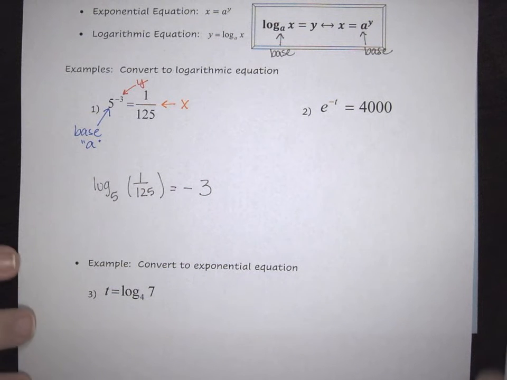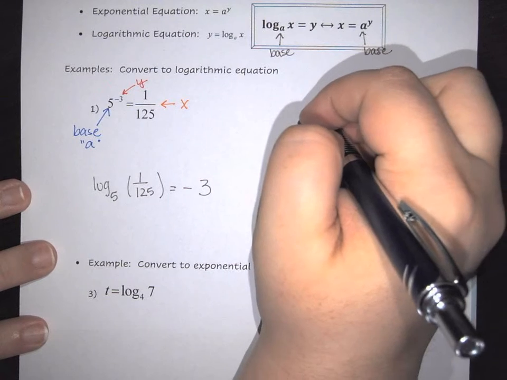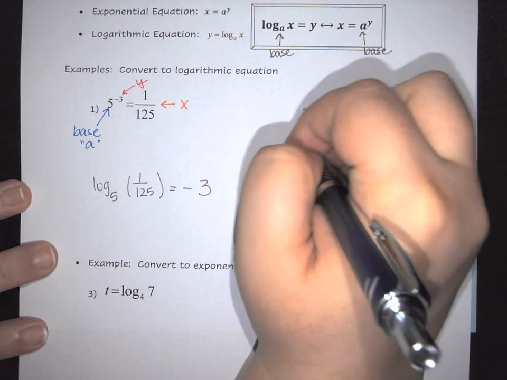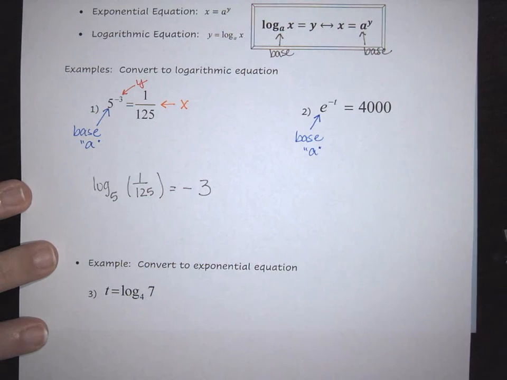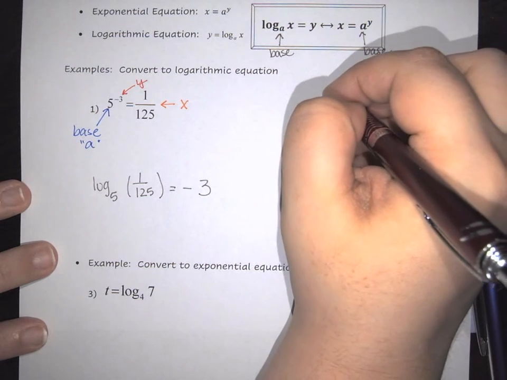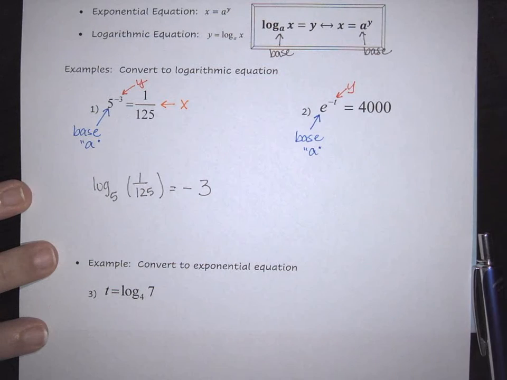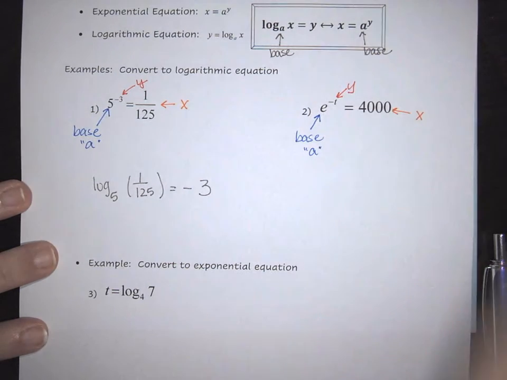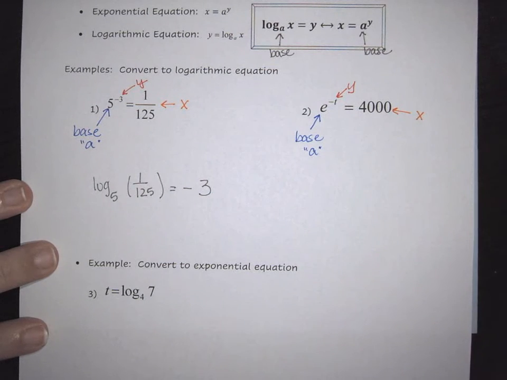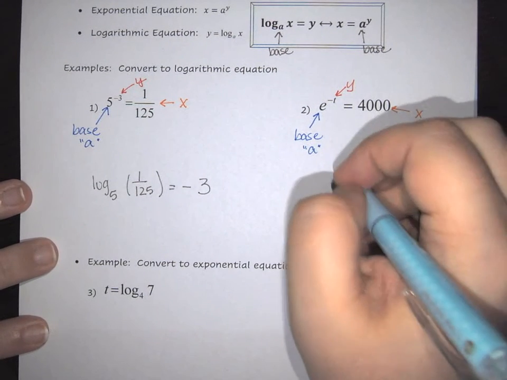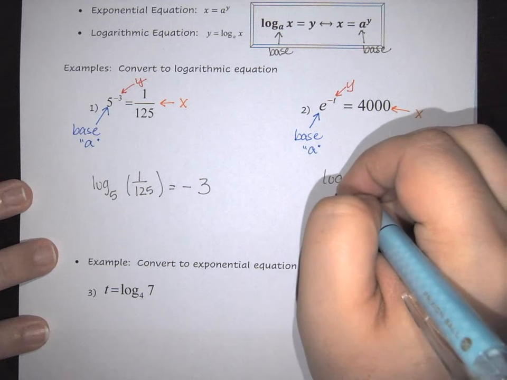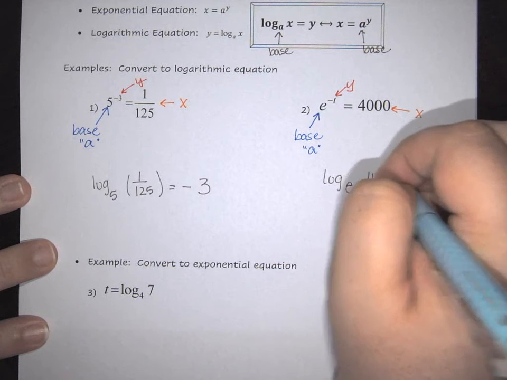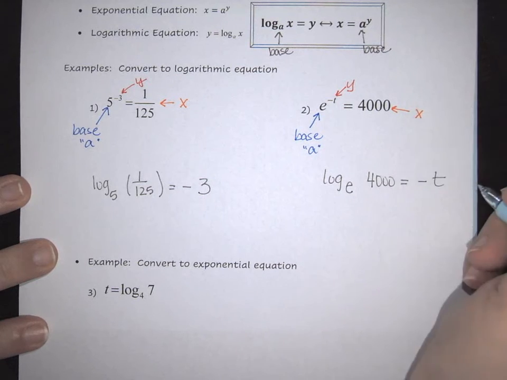Let's try it again. Here, my e is going to be the base. Again, remember that's the a piece. To the -t, this is my y piece. And then my 4,000 here equals the x. So what does that mean? That means this becomes the log base e of 4,000 equals -t.